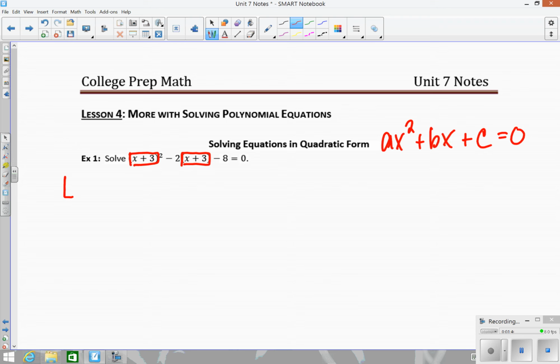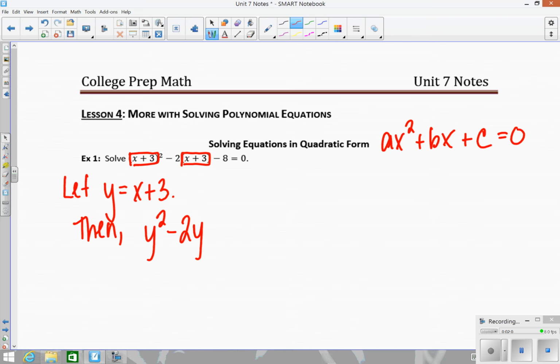So for example, if I let y equal x plus 3, then anytime I have an x plus 3, I'm going to put a y there. So I'd have y squared minus 2 times x plus 3, so I'm going to put a y, minus 8 equals 0. And then you can just solve this.